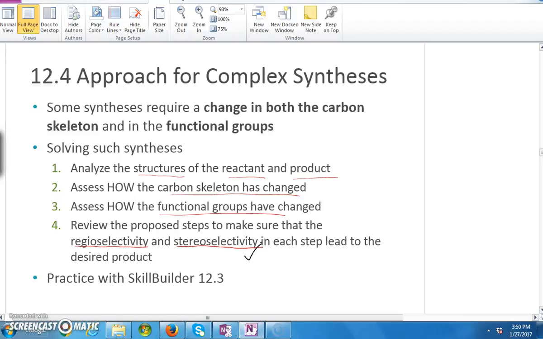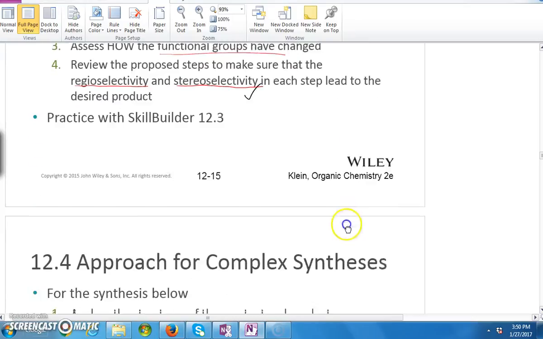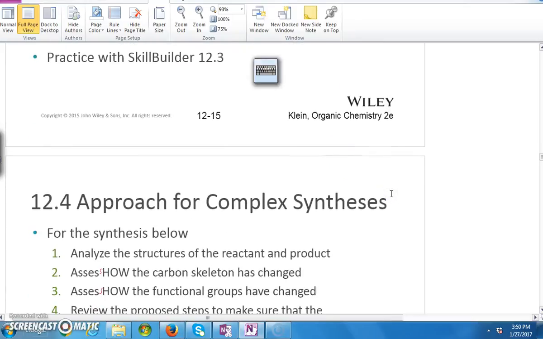When we're talking about regioselectivity, we mean Markovnikov's, anti-Markovnikov's. When we're talking about stereoselectivity, we mean whether it goes anti or syn, and those are the kinds of stereoselectivity we have looked at. And also we know whether it goes via inversion of configuration for an SN2 or via racemization for an SN1.